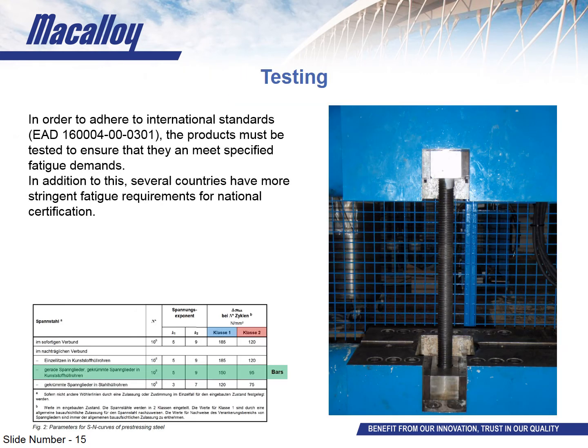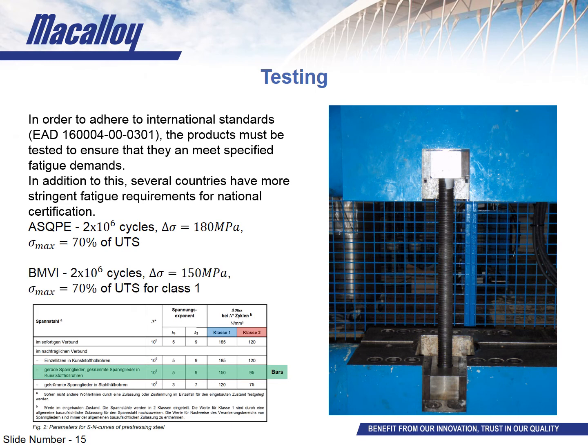I mentioned earlier in the presentation that there are product requirements for fatigue outlined in their relevant international standards. Over and above these, there are a number of regional standards for products that have more demanding fatigue requirements for the system to pass. ASQPE is the French post-tensioning standard, and this has a much higher stress range of 180 megapascals and a peak stress of 70% of its ultimate tensile strength.